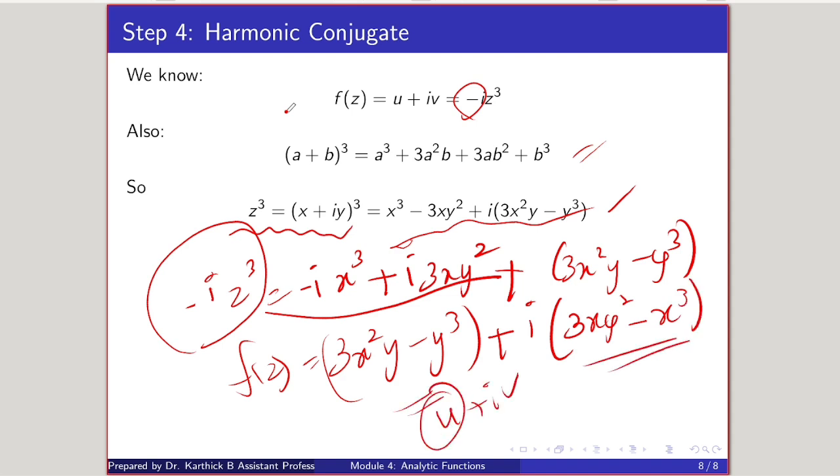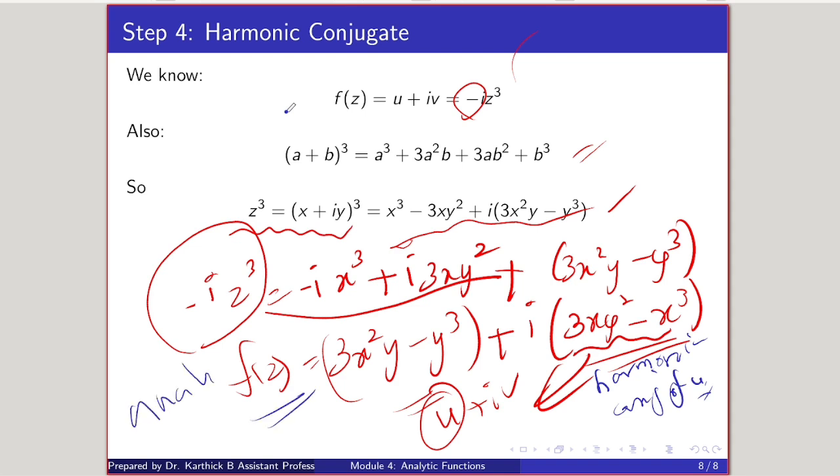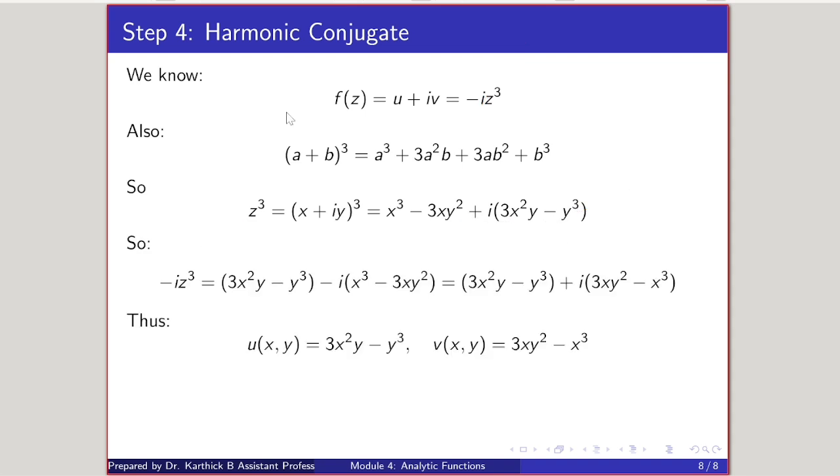They have given u, therefore this is v. This is known as the harmonic conjugate of u. This total function is said to be an analytic function. So we found everything: u and v separately, and this is the harmonic conjugate.